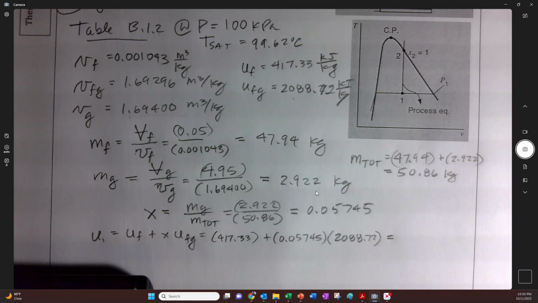So I'm going to go 417.33 and then 0.05745 times 2088.72. Boom. And then add them together.